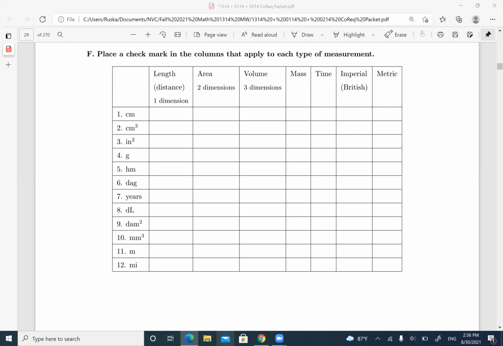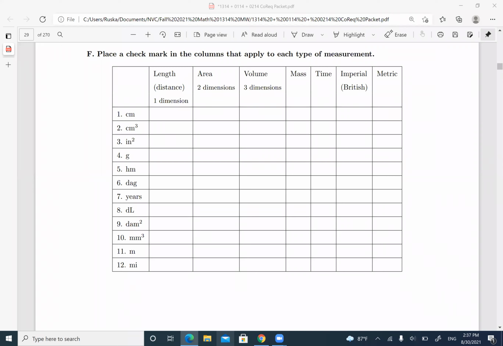So if I have centimeter, let's talk about imperial or British units versus the metric ones. The metric ones are like meter, centimeter, which have the prefixes centi, deci, and stuff like that.